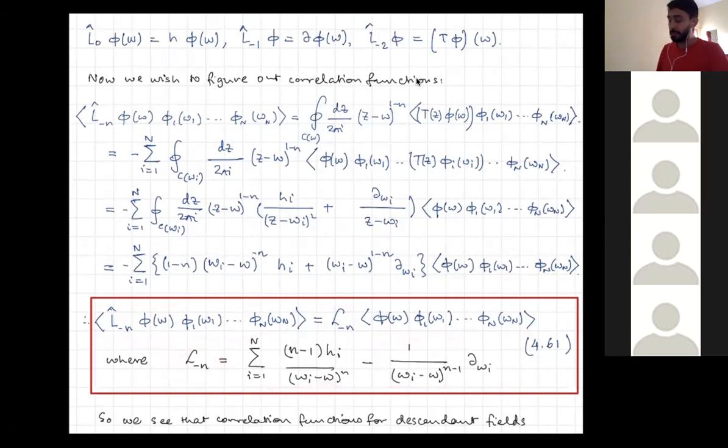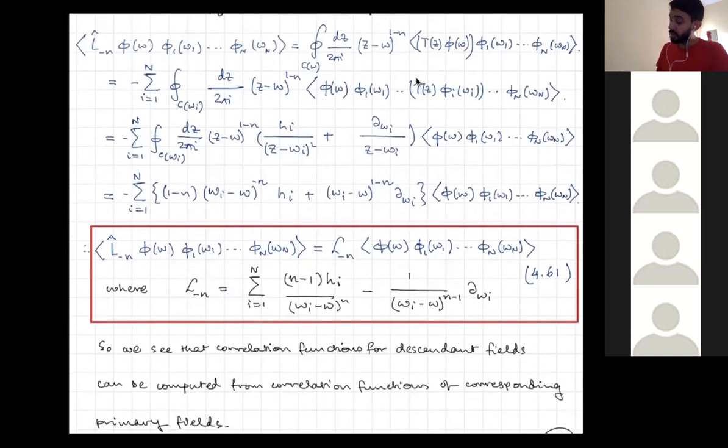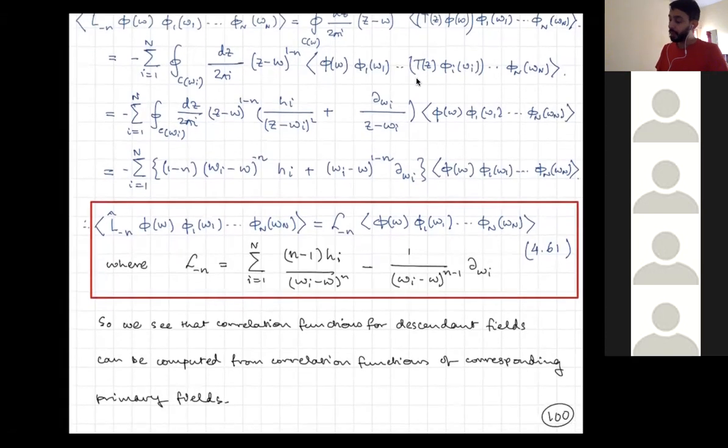Okay, so this means, as I said below here, that correlation functions of descendant fields can be computed from correlation functions of the corresponding primary fields. Very good. Now suppose the descendant field that we chose is this one. If we choose this particular descendant field to be a null state, what does that?